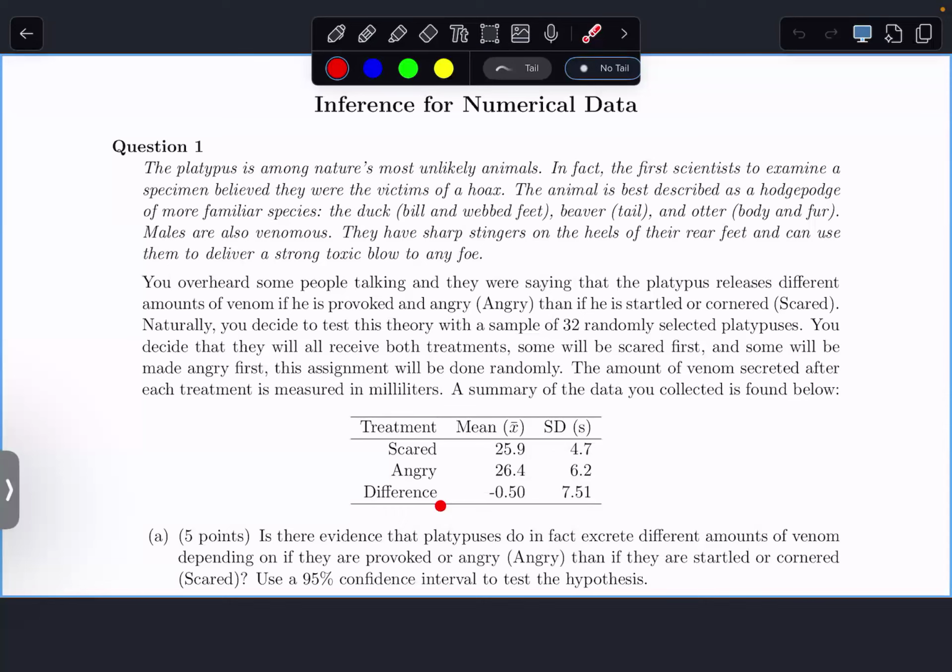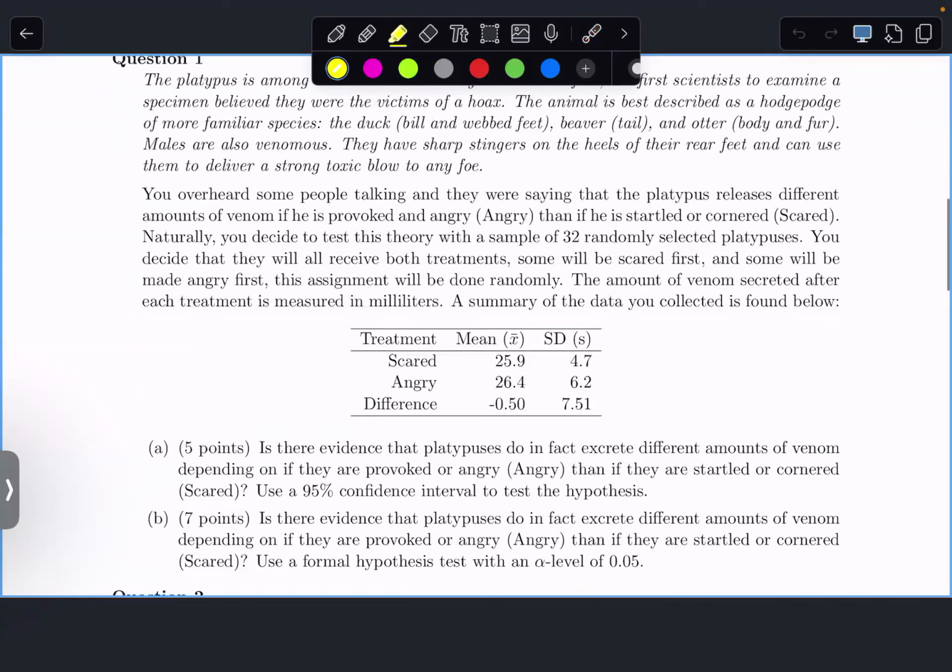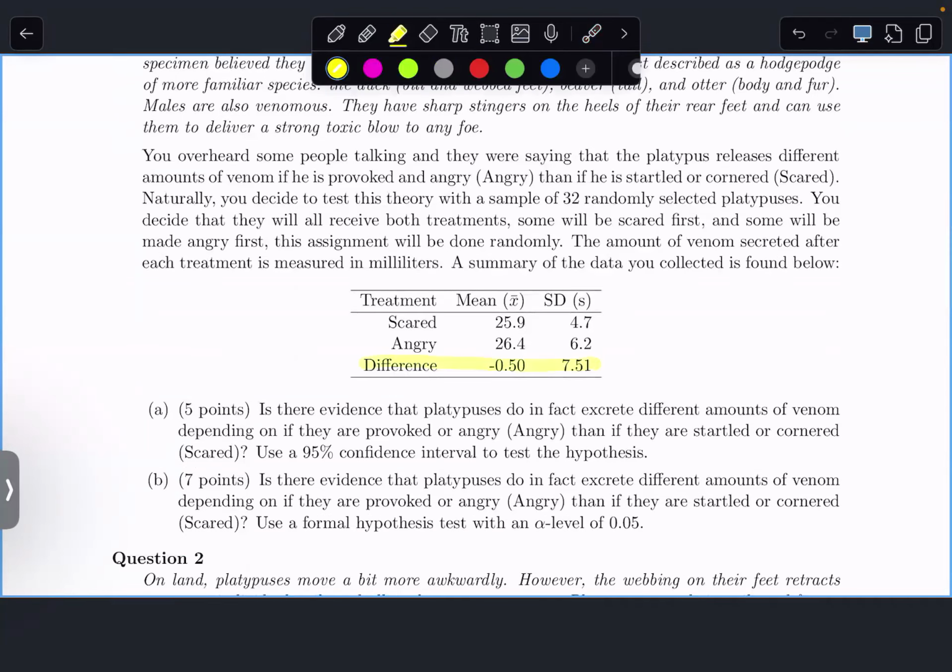That should be a really good clue as to what type of question this is. Why? Because we're taking two measurements on the same platypus, right? And we're analyzing the difference, which tells me that this is going to be paired data, right?